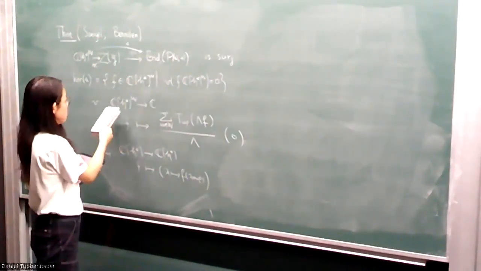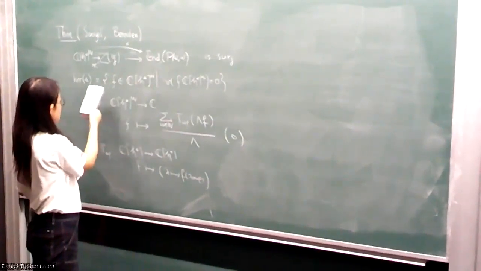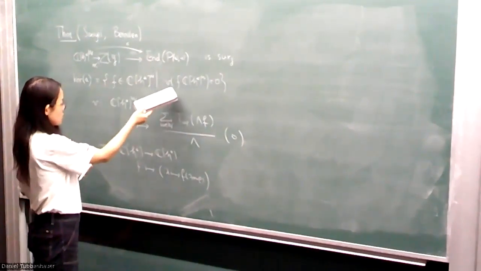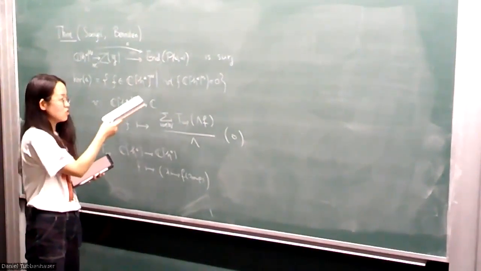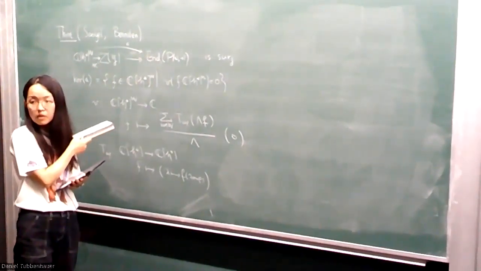So this is this map B, and the claim is the kernel is given by all the functions whose ideal generated by them vanishes.